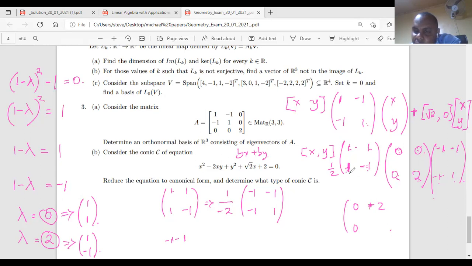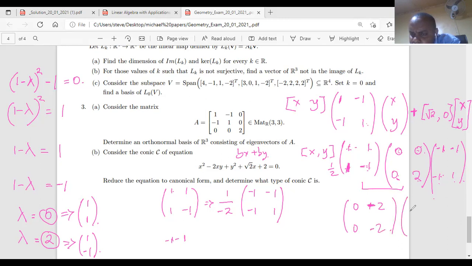I'm just trying to confirm whether this is right. So I'm multiplying these two matrices. Can you check? 0, 0, 2, positive 2. Yes, it is correct.